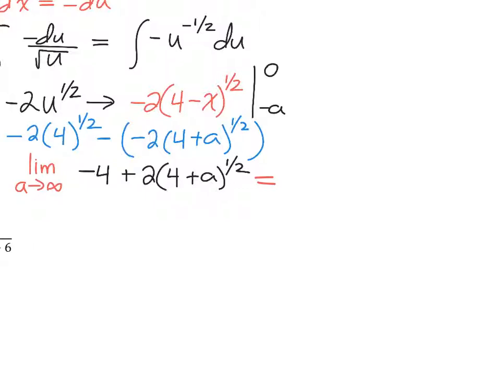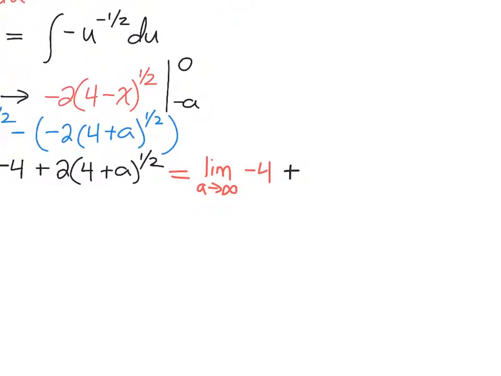But you do notice, hopefully, that there's a constant in there. We have the limit as a approaches infinity of -4 plus the limit as a approaches infinity of all the other stuff, that I'm going to write as a radical now, just for space.